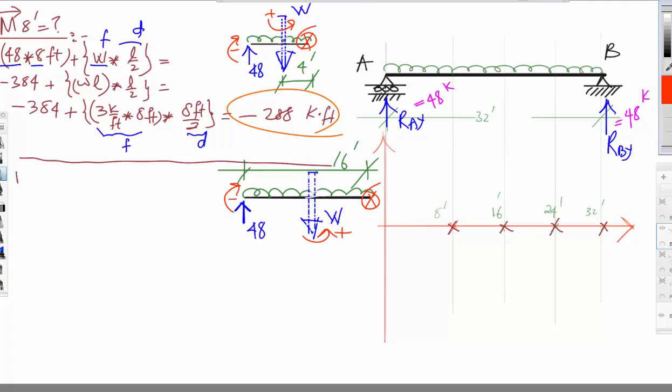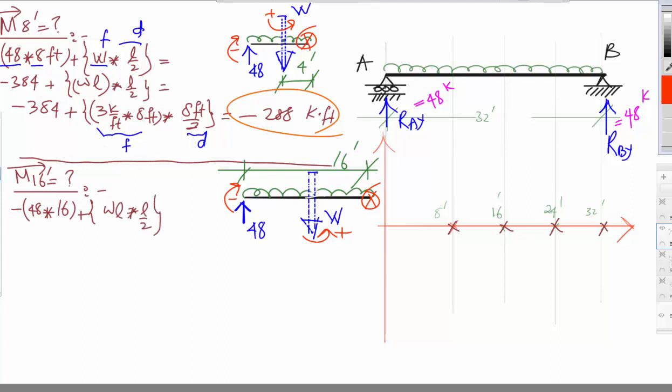So if we do moment at a distance of 16 feet, it is equal to how much? The equation is the same. So it's minus 48 multiplied by 16, the distance changes to 16, plus WL multiplied by L by 2.